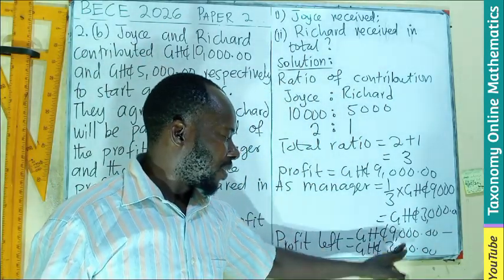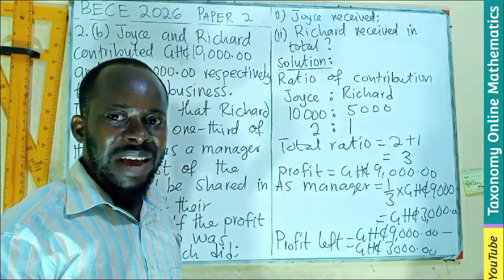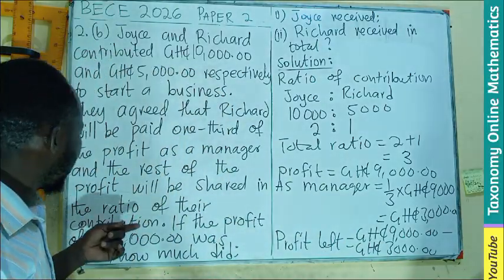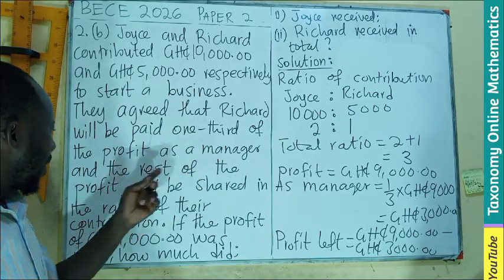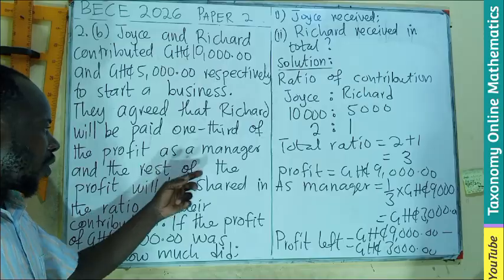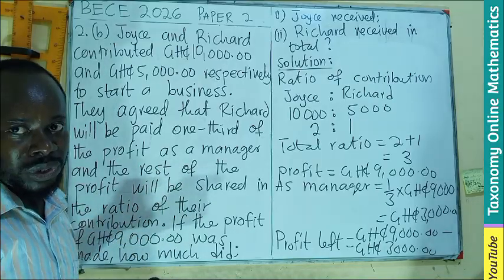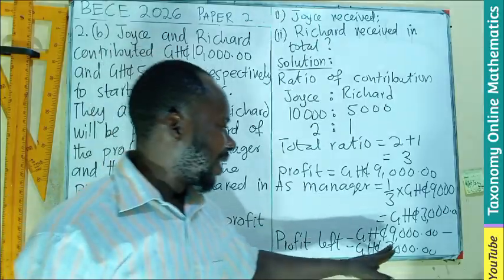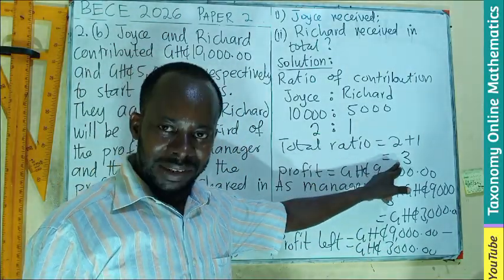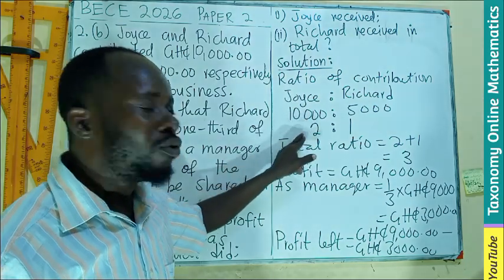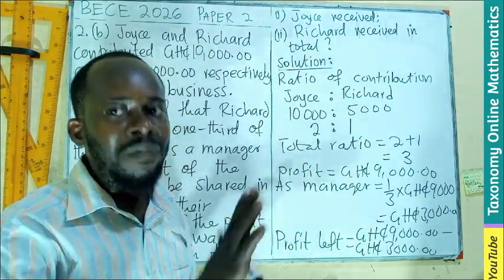We subtract 3,000 and see how much will be left. Whatever is left is what they are going to share. The manager, and the rest of the profit will be shared in the ratio of their contribution. So now it means that the remaining money will be shared into how many parts? 3 parts, whereby Joyce will take 2 parts of that remaining money, then Richard will take 1 part of that money.